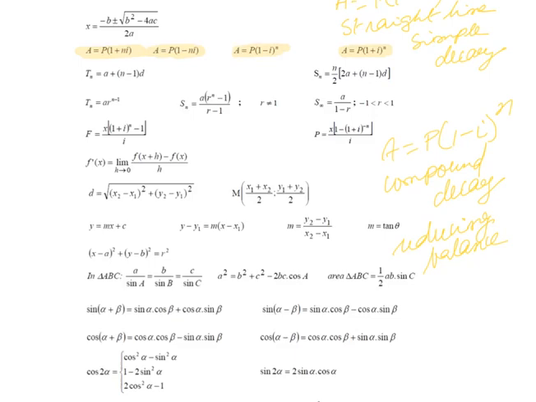Here you see these two formulas, one written as F equals and the other written as P equals. We are going to learn these two, which we call annuities, but we'll discuss that.